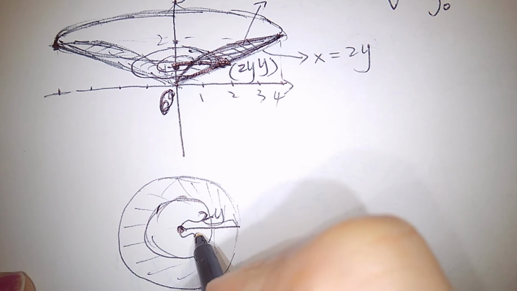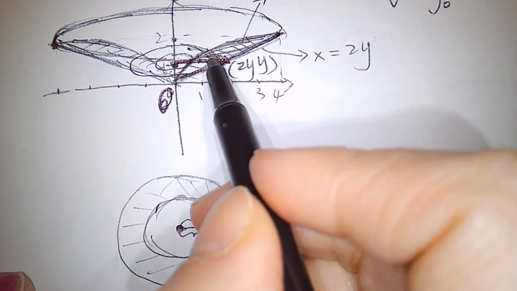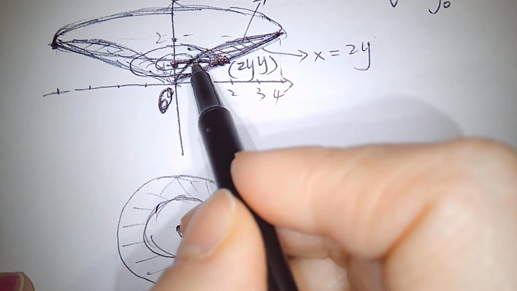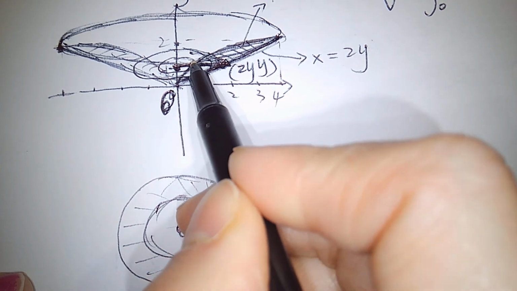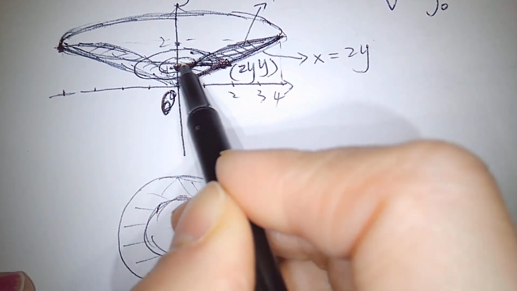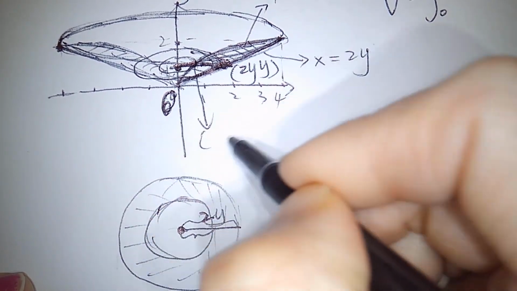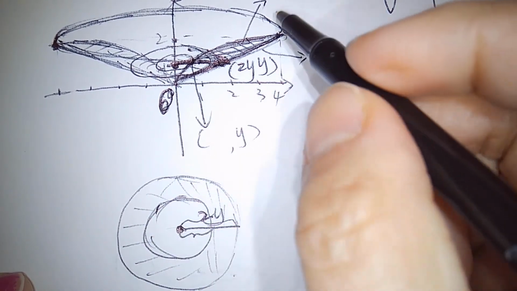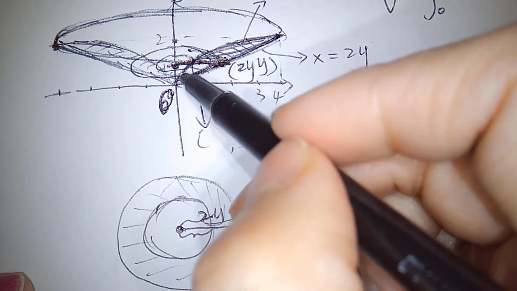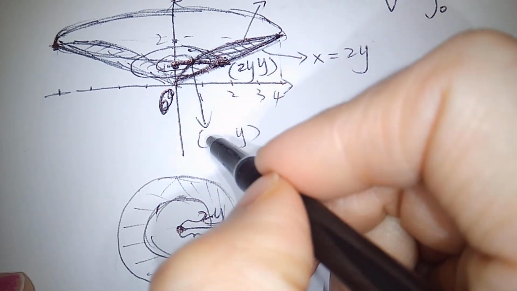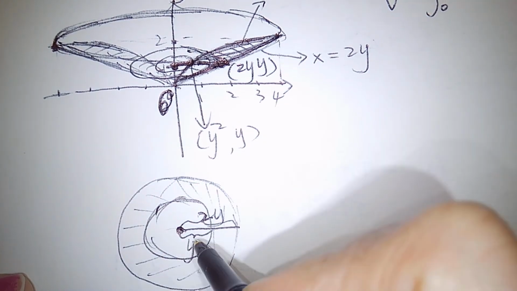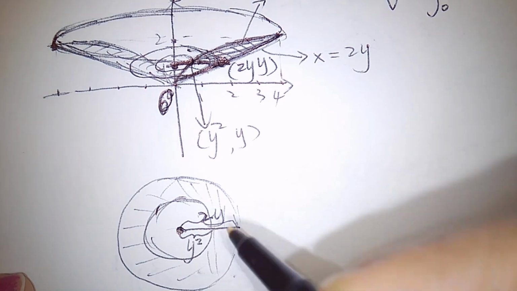How about the inner radius? See this. The coordinate for this point is when y equals y, x equals what? What is the equivalent for this inner curve? y squared. So y squared is the inner radius.